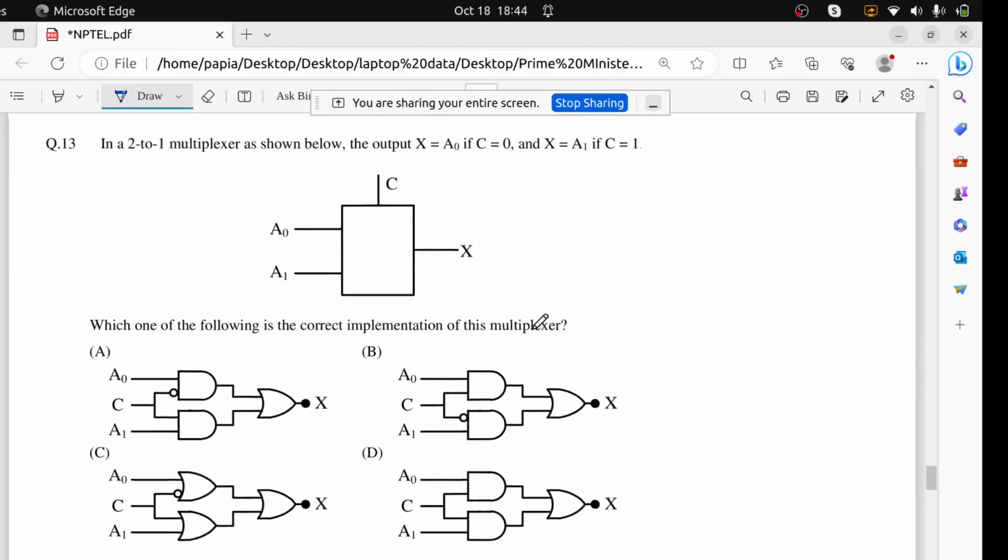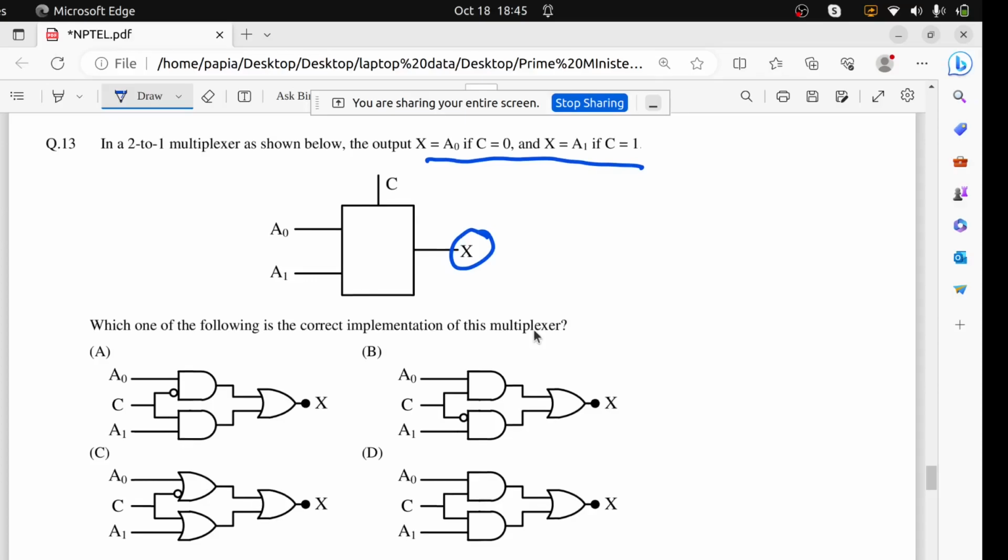First of all, what is a multiplexer? For a multiplexer, there are multiple inputs and there will be only one output. So what will be the output for this case? The condition is written here: X will be A0 if C is 0, and X will be A1 if C is 1.